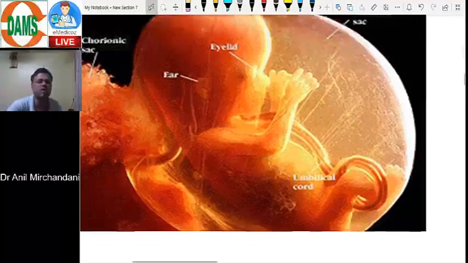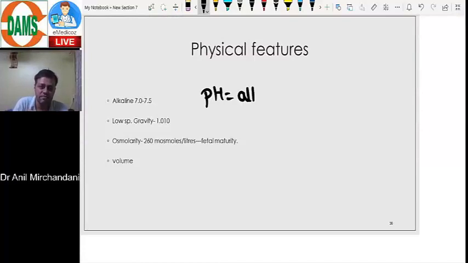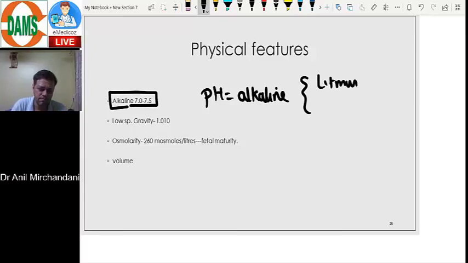So let us talk about few more facts about amniotic fluid. Physical features. pH is alkaline, 7 to 7.5. So litmus paper turns blue. Red litmus paper will become blue.